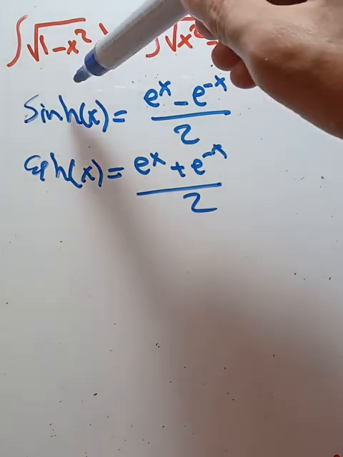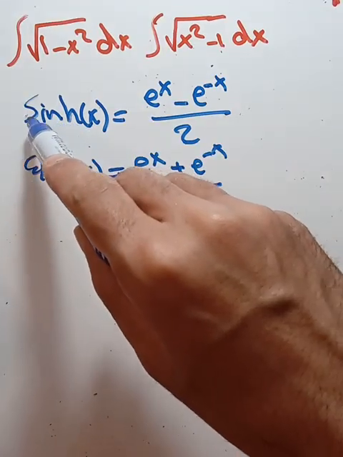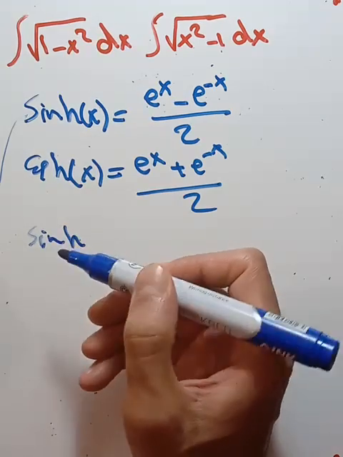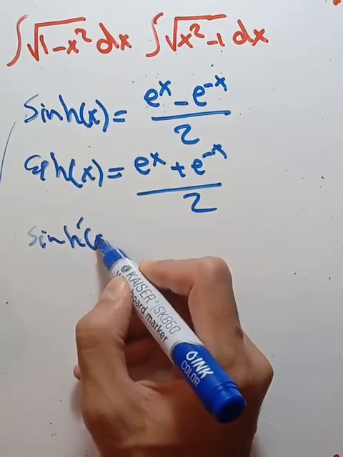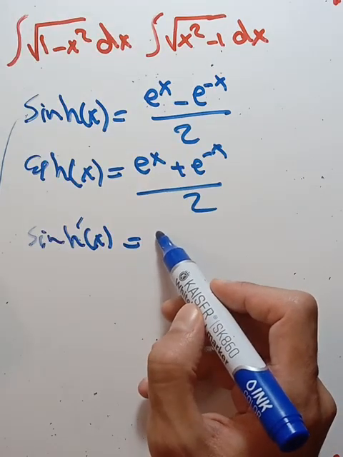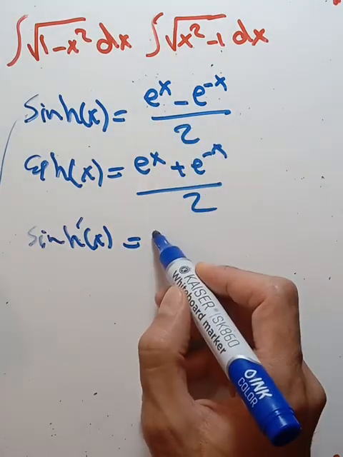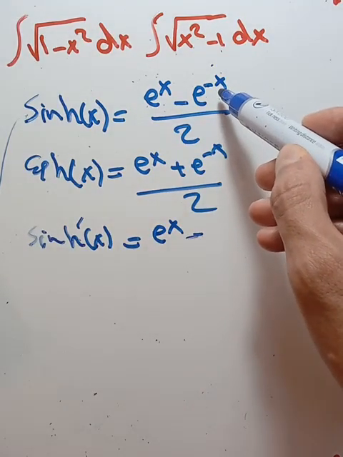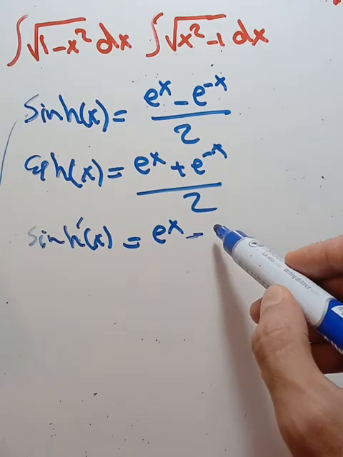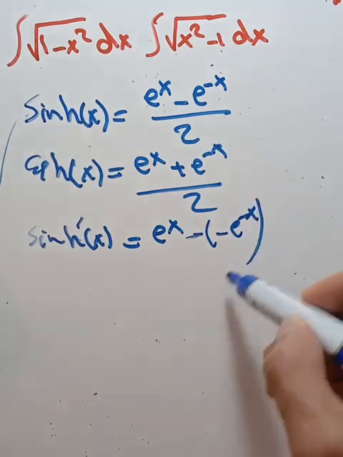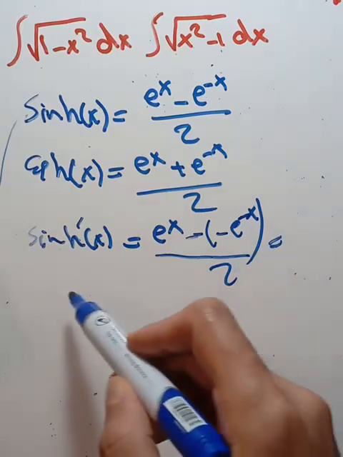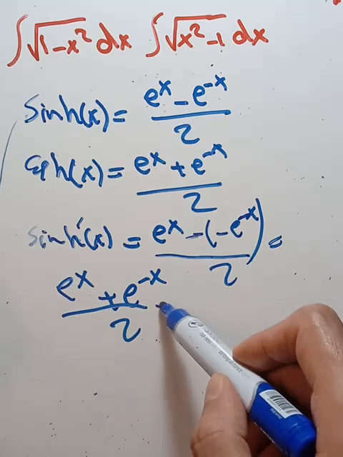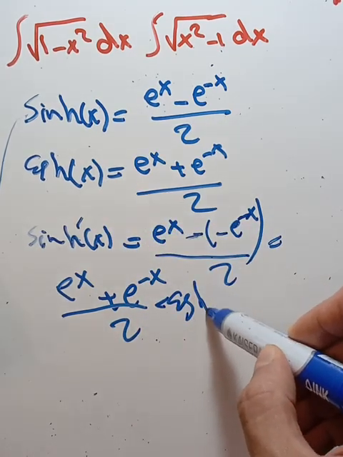For instance, let's calculate the derivative of this. The derivative of sine hyperbolic of x equals the derivative of e to the x, which is e to the x itself, minus the derivative of e to the minus x, which is minus e to the minus x, over 2. And this is e to the x plus e to the minus x over 2, which is just cosine hyperbolic of x.